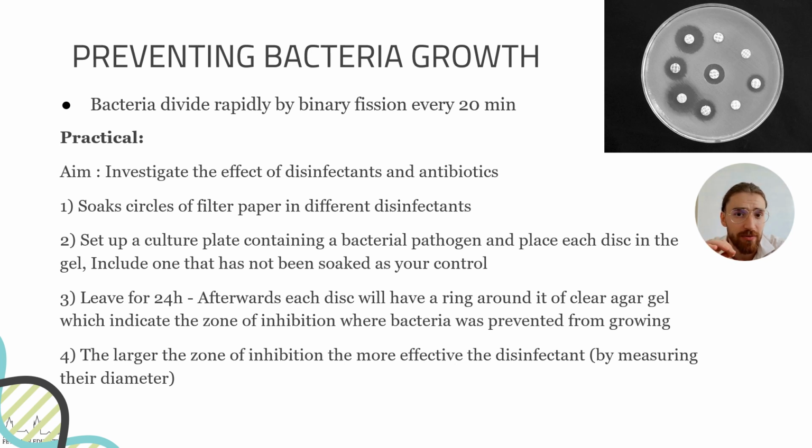We then leave it for 24 hours, and we're going to look at it the next day to see the size of the zone of inhibition around each disc. So the zone of inhibition is the zone that has been killed off by the antibiotics. So the more resistant the bacteria is to the antibiotic, the smaller that zone of inhibition will be, because the less effect it had on our bacteria. Okay, but the better antibiotics will have a clearer ring of inhibition around them.